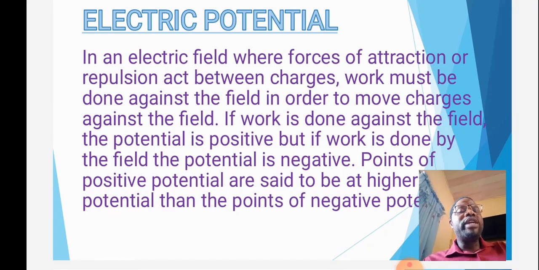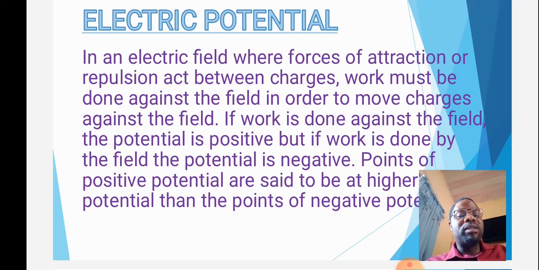This is just like in a gravitational field, whereby force must be applied against gravity to move a mass from one point to another. So we now say that if the work is done against the field, the potential is positive. But if work is done by the field, the potential is negative.